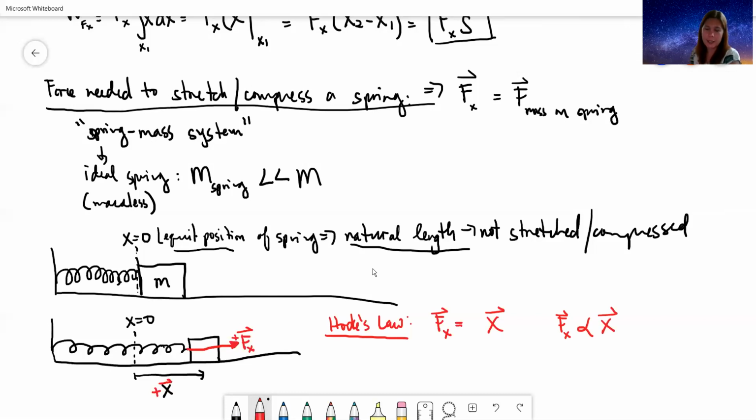Ayan. And then completing the equation, the force that you need also depends on the characteristic of the spring, and that is measured by the spring constant. So itong si K, we call it the spring constant, okay? It's also called the force constant. So this is a number that tells you the stiffness of the spring. If K is a big number, then the spring is very difficult to stretch or compress.